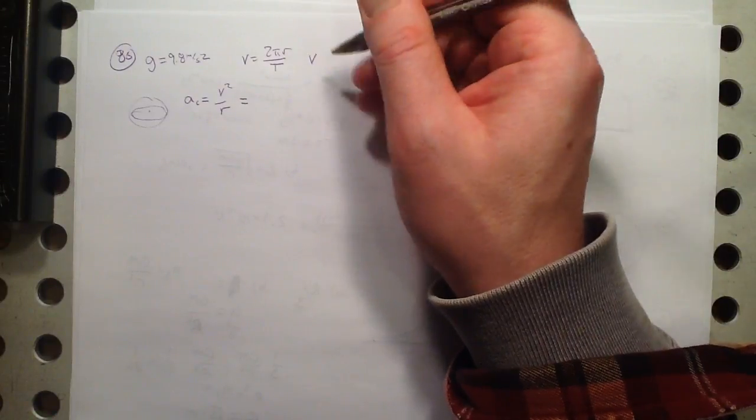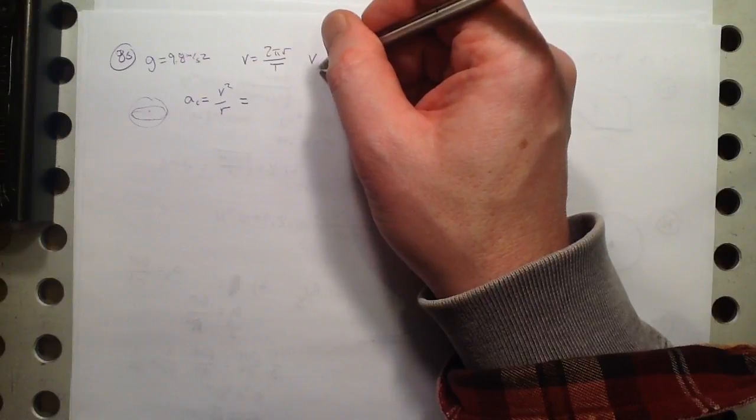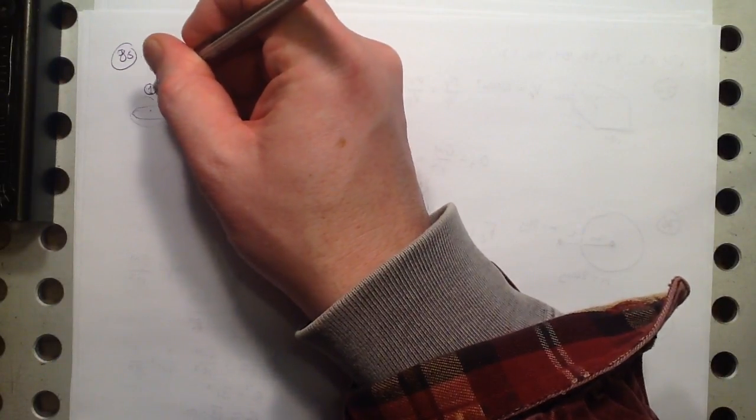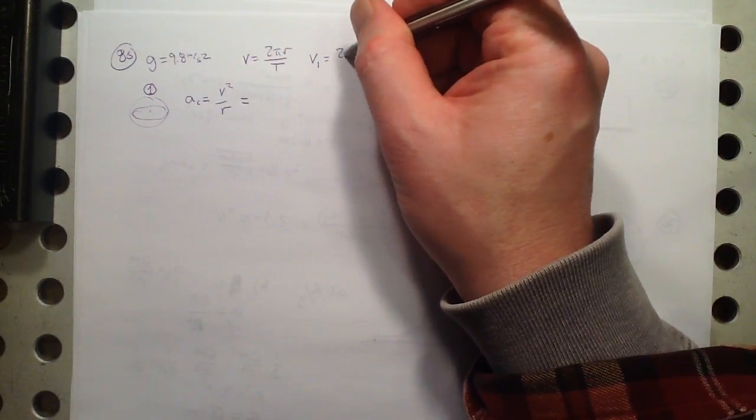So the velocity of the circle, let's say this is v1. So that's the first circle we're moving in. So for v1, it's 2 pi.